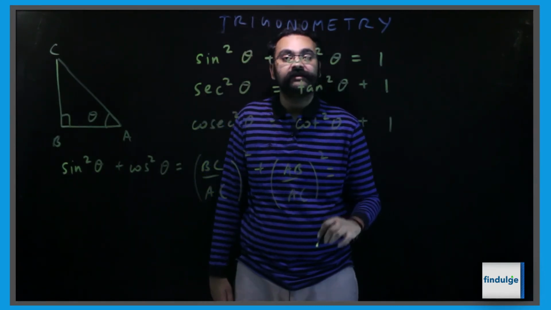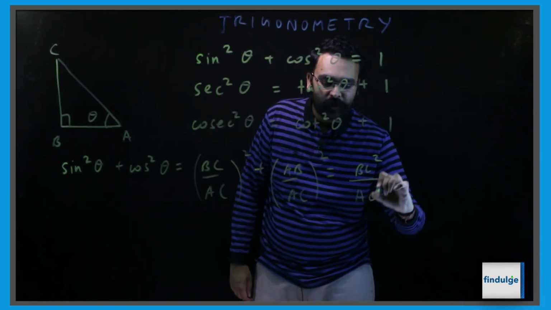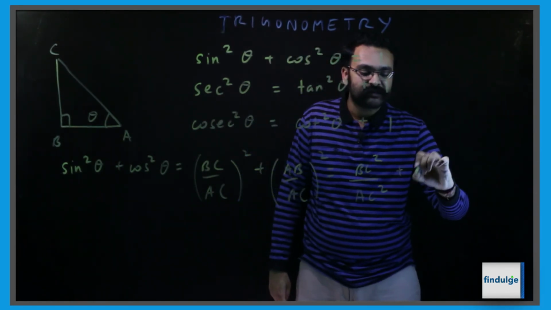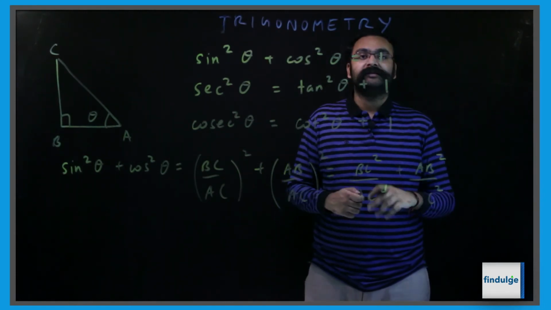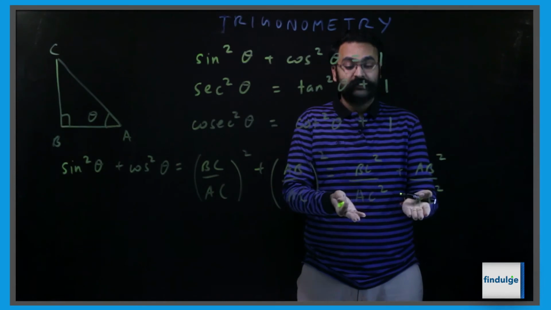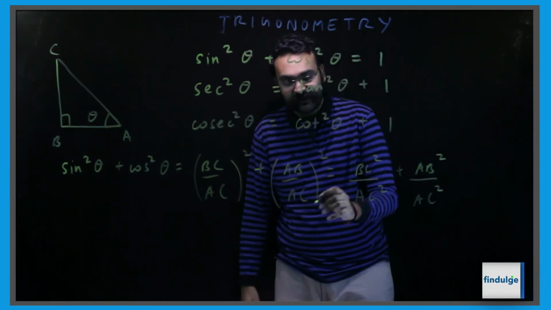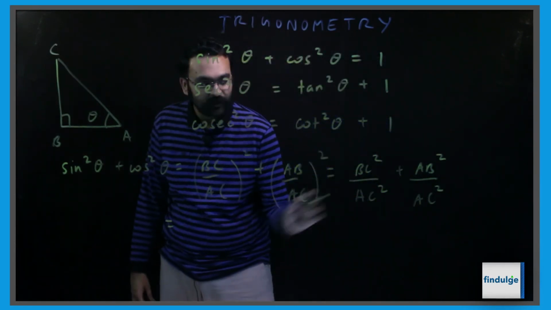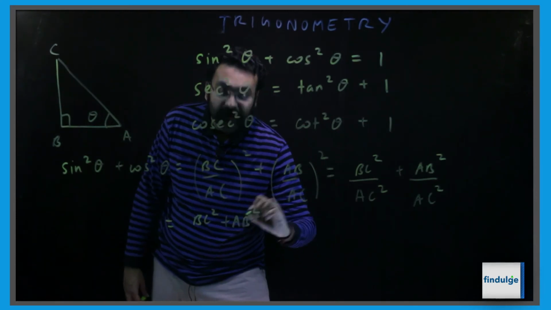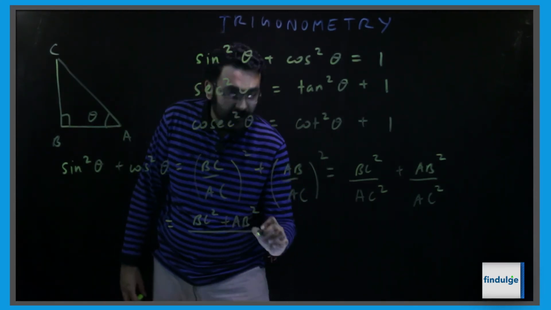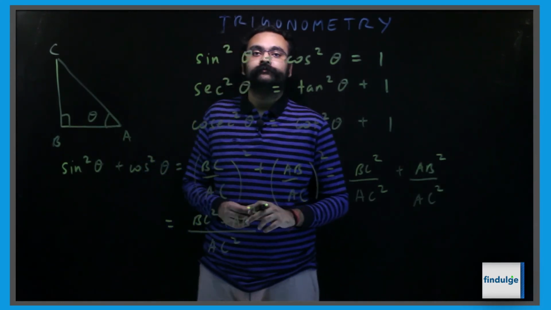Now if I square this, I clearly get BC square upon AC square plus AB square upon AC square. Now this is the same LCM, so I don't need to do anything, same denominator. This will automatically just turn into BC square plus AB square upon AC square.